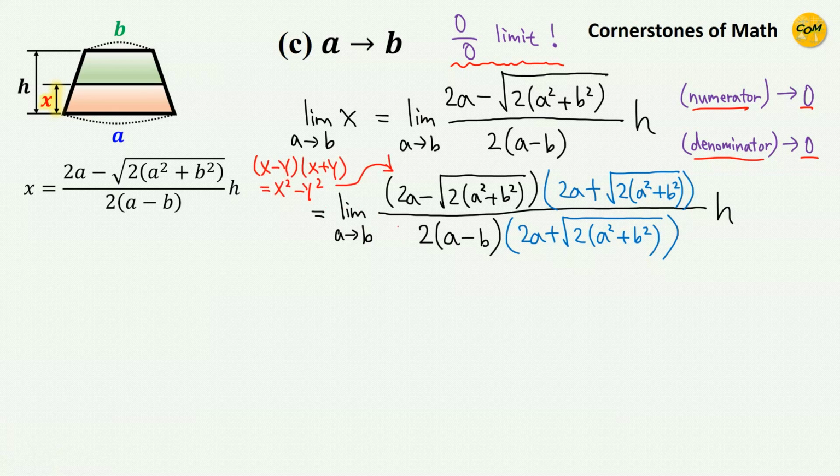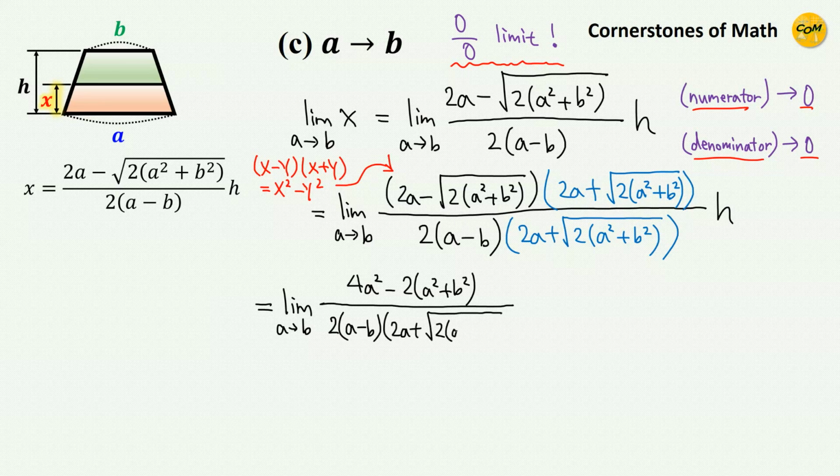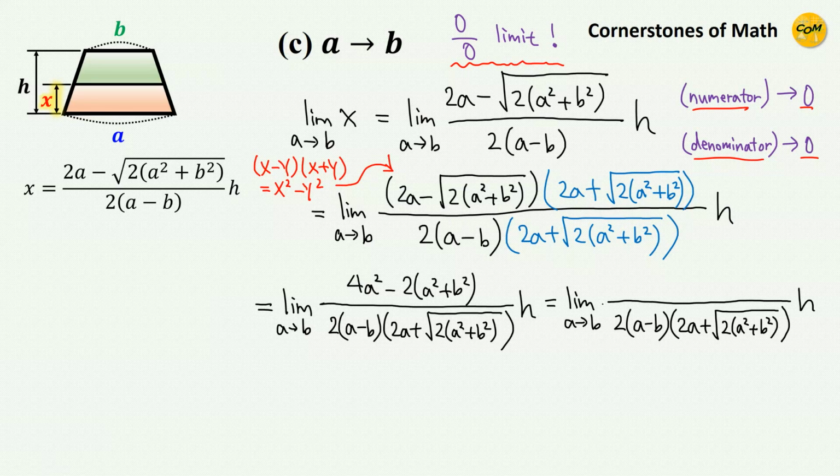Then, applying this formula, the numerator becomes 4a squared minus 2a squared plus b squared. And if we further simplify, the numerator simplifies to 2a squared minus b squared.